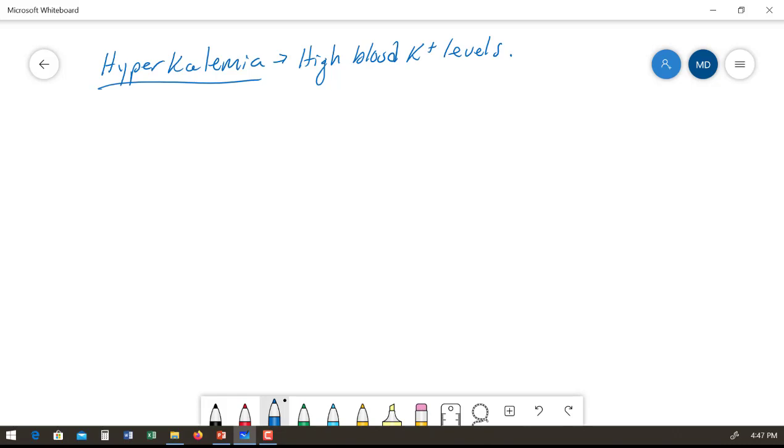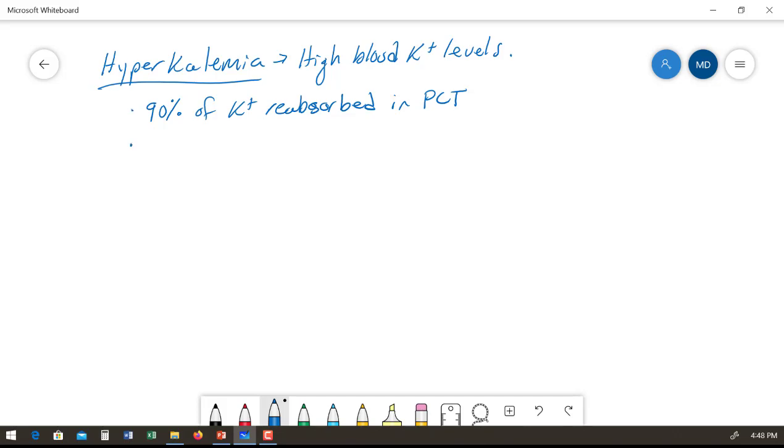Now, a couple things about potassium here. So first, if you recall, 90% of our potassium is reabsorbed in the proximal convoluted tubule. So most of our potassium from the filtrate has already been reabsorbed.